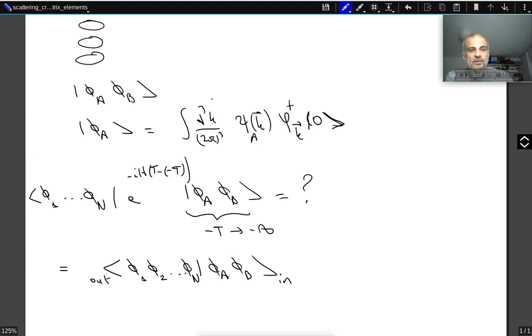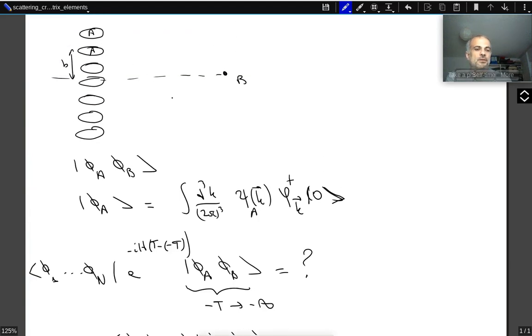Of course, in an actual experiment, we will be creating these beams with almost precise momentum. So this psi A of k wave function is peaked near k equal to, let's call it p_A.